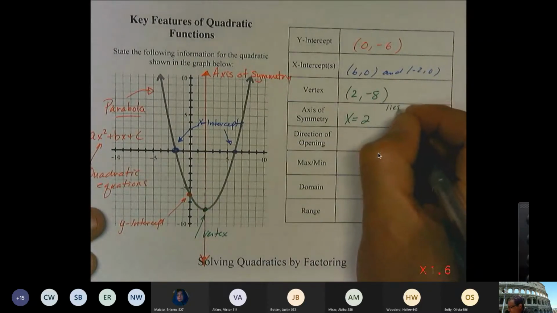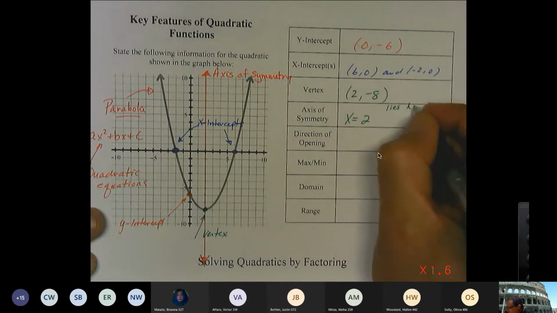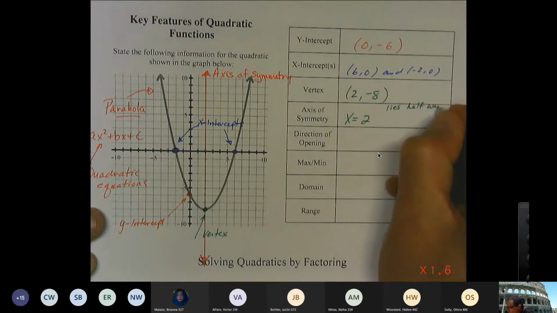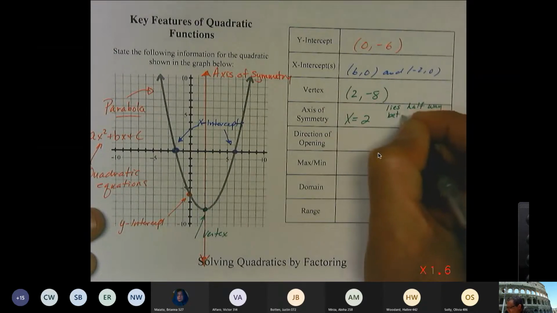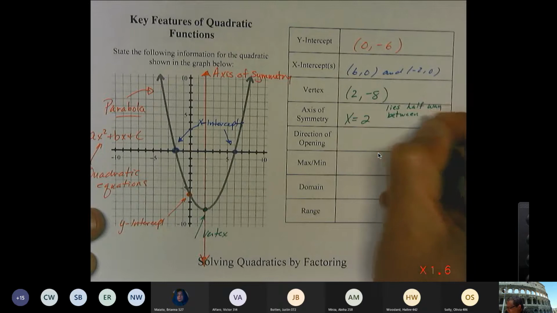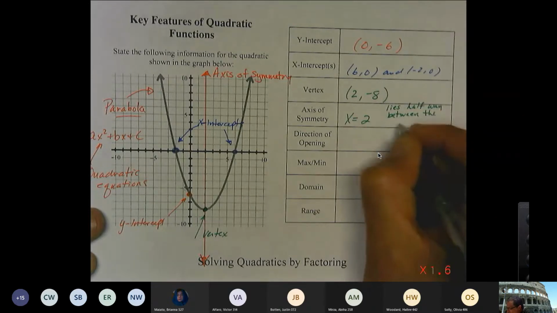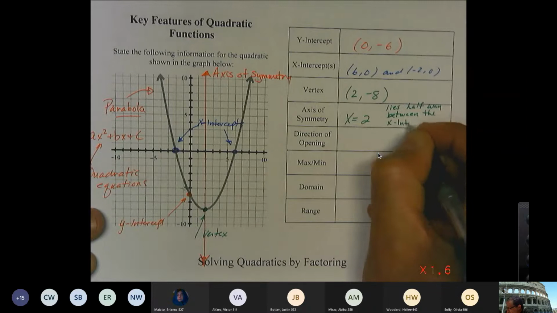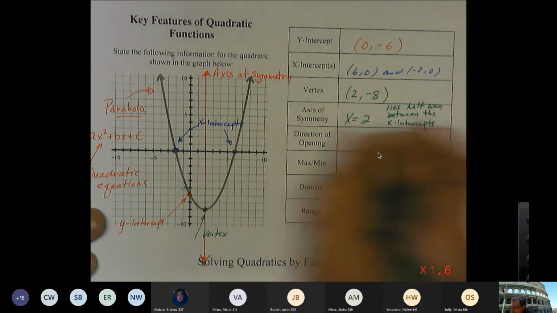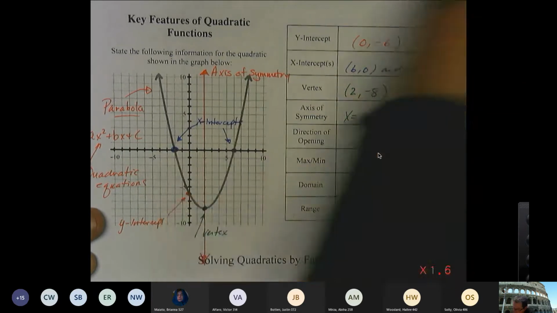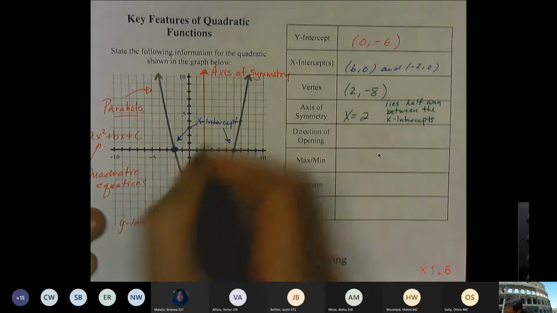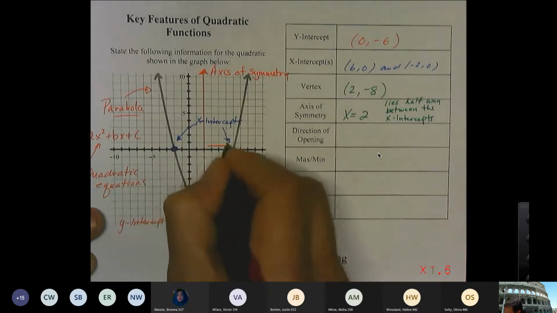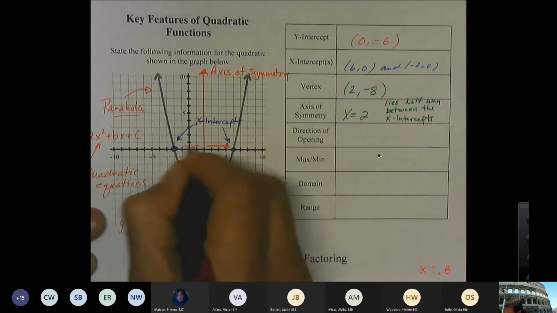So this lies halfway between the x-intercepts. So the axis of symmetry lies directly halfway between this x-intercept and this x-intercept.